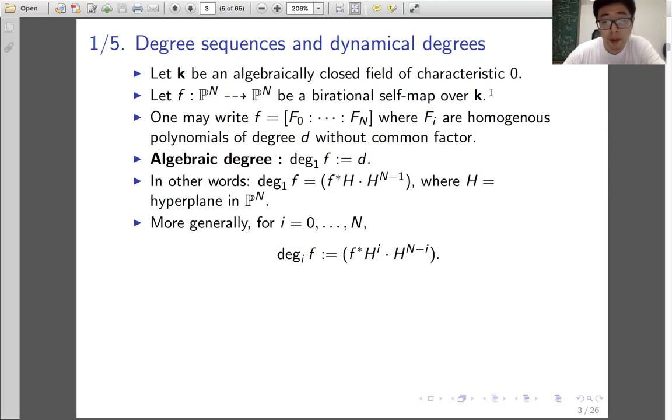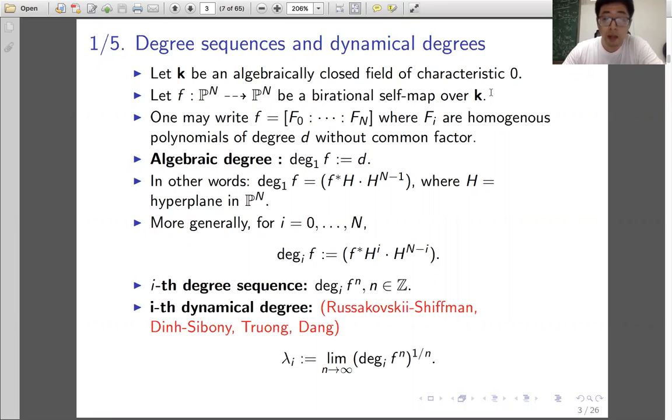More generally, for every i from 0 to n, we may define the i-th algebraic degree to be deg_i(F) equal to the intersection of F pullback of H^i with H^{n-i}. The i-th degree sequence is just the sequence deg_i(F^n) for all n in N.